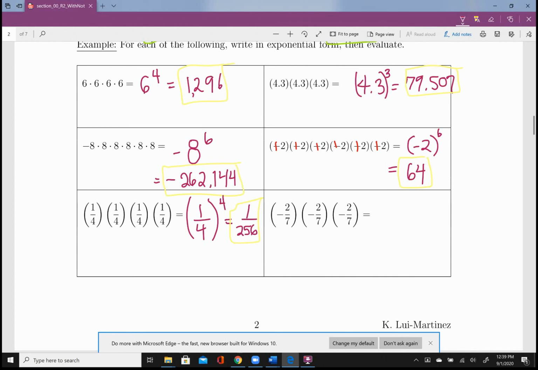Okay, there we go. This last problem in this set, we're going to have negative 2/7 in parentheses raised to the third power because that's the item that gets repeated with the negative sign and all. So that will yield a negative, right? How do we know it's negative? Going to the original problem, we can cancel out the negative signs 2 at a time, but there's still going to be 1 left over.